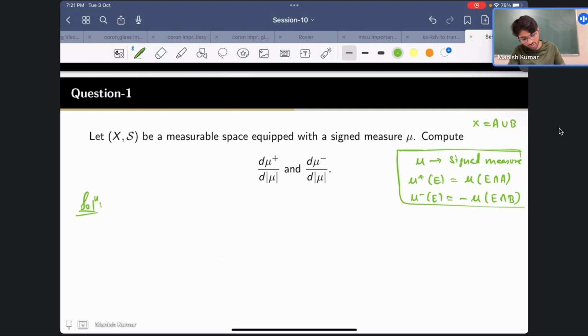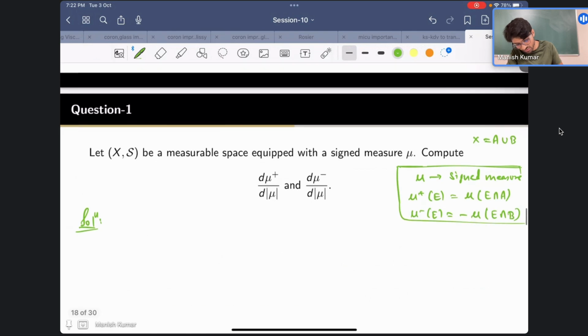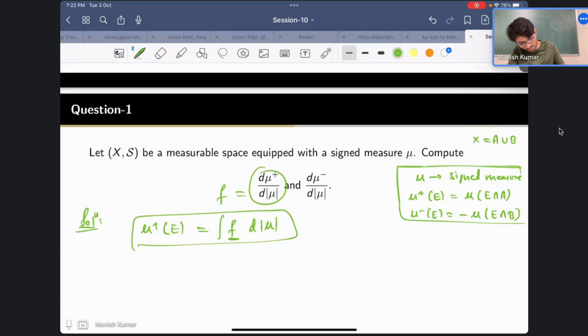Now you have to calculate d mu plus by d mod mu. If you recall what this derivative means, suppose this is some function f, then this means that mu plus of E is equal to the integral of f times d of mod mu. If I get this type of equality, then I say that f is d mu plus by d mod mu.